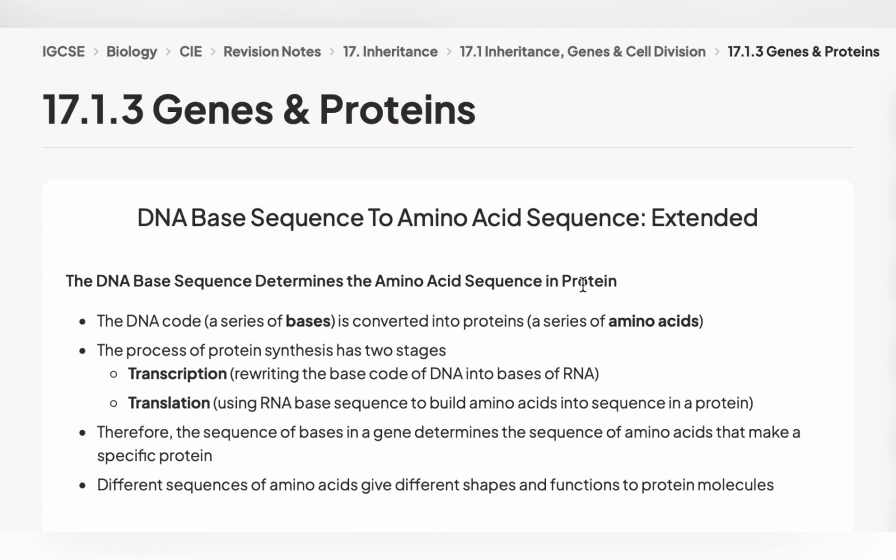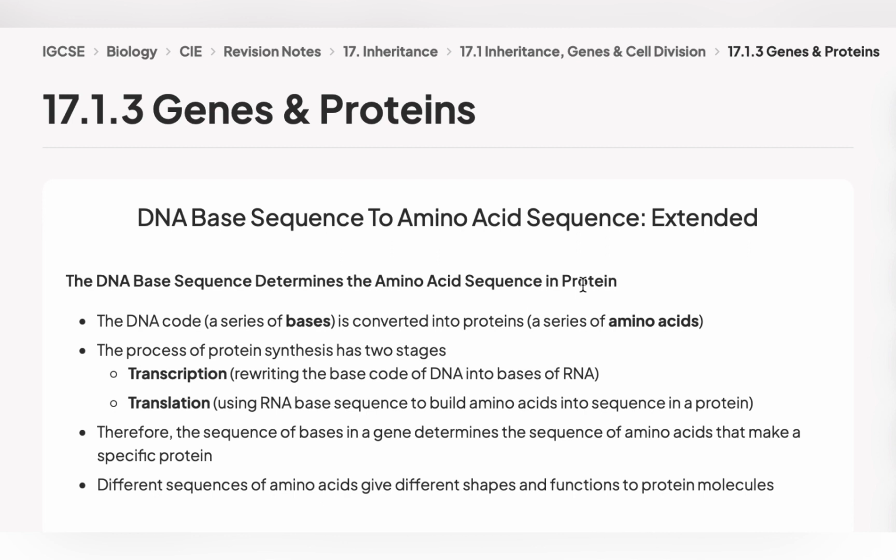Now, what is transcription? Transcription is just a way of writing again. You're rewriting the base code of a DNA into bases of RNA. We know what DNA is, right? So the process of rewriting the base code of a DNA into the bases of RNA, ribonucleic acid.